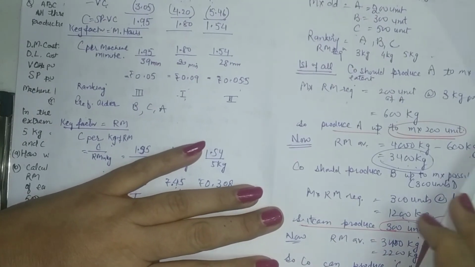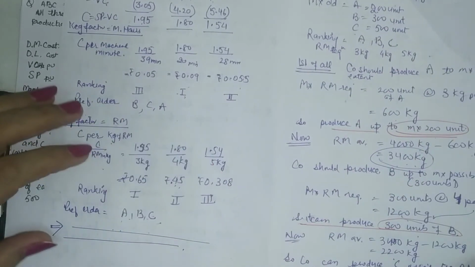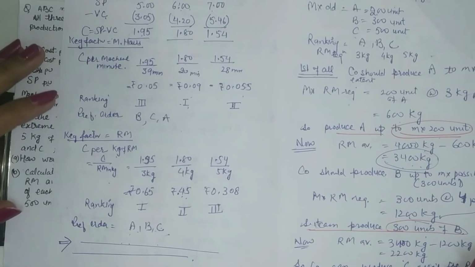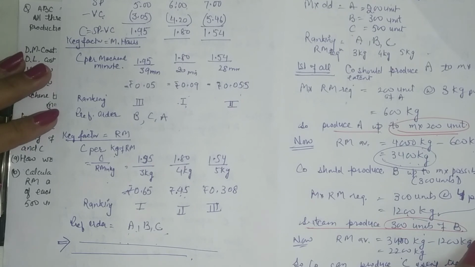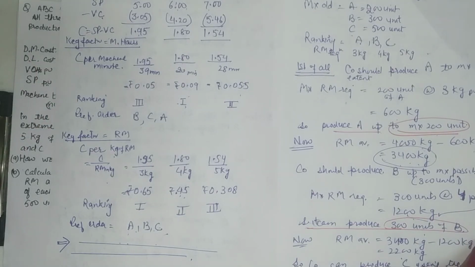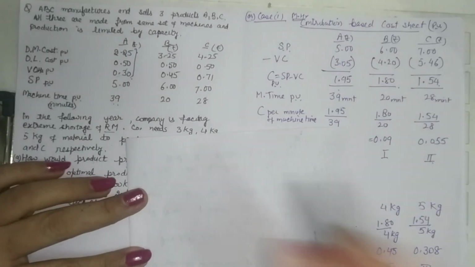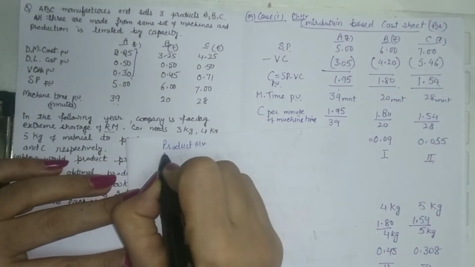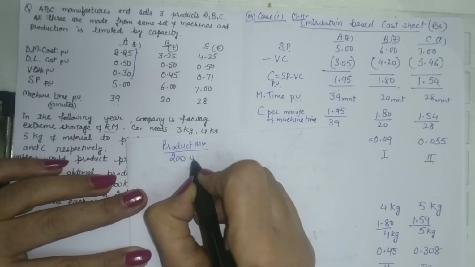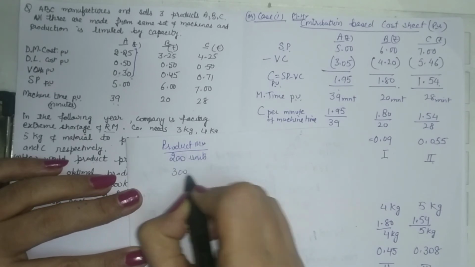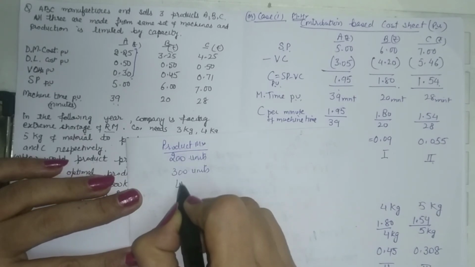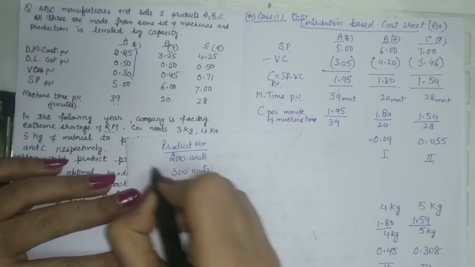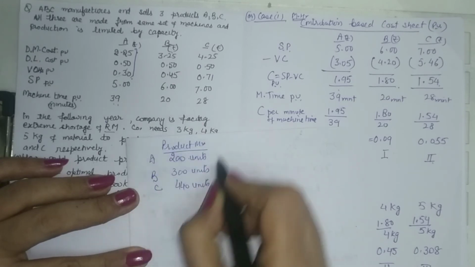So this optimal product mix can be stated, and further you can use it to record contribution and net profit. So the product mix is 200 units, 300 units and 440 units of A, B and C. This is your product mix.